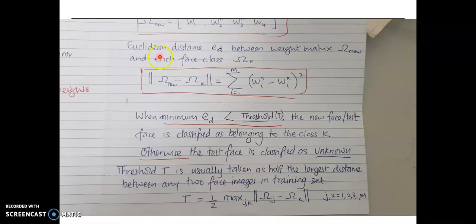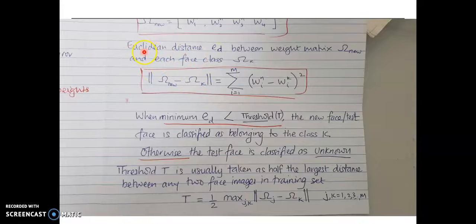Now we have to compare the test image with the different images in the training set. So we compare the weights between the test image and the others present in the data set. We use the Euclidean distance to do the comparison.